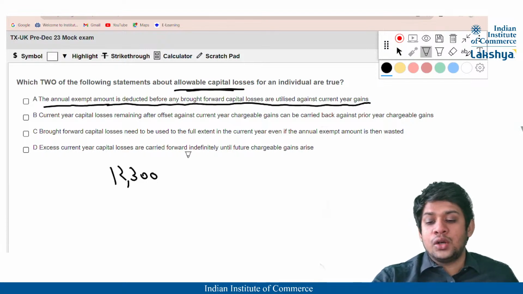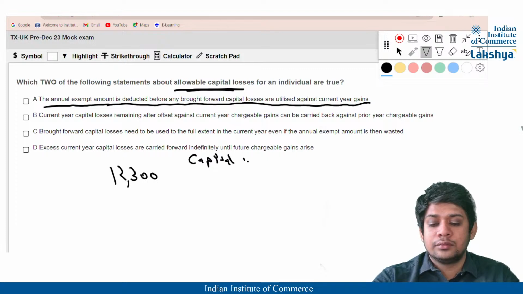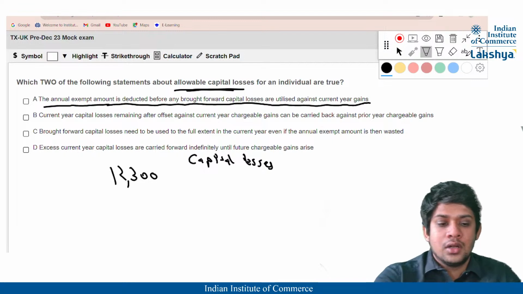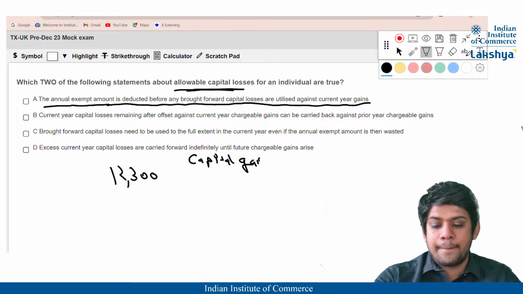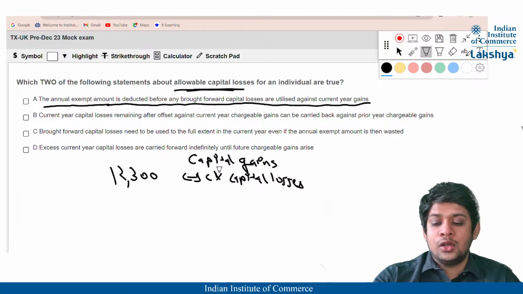Obviously not. When you're doing your capital gains calculation, guys, if you go through your capital gains of an individual, you take the capital gains for the year which is considered, right? From that, you deduct the current year capital losses. And then you will get nothing but your net capital gains.